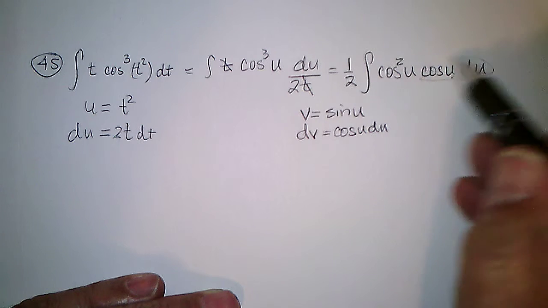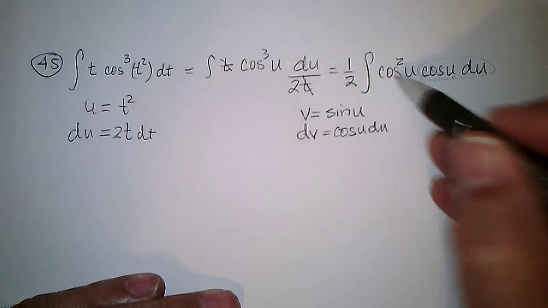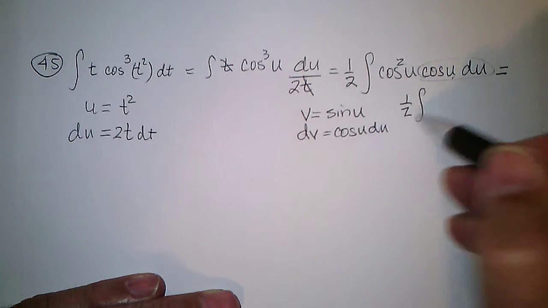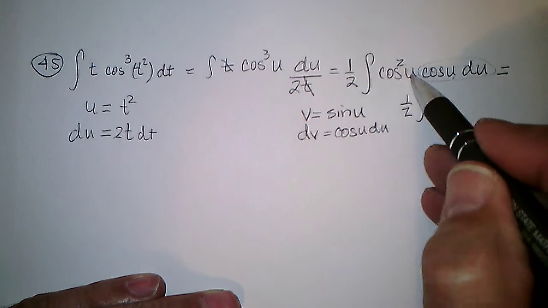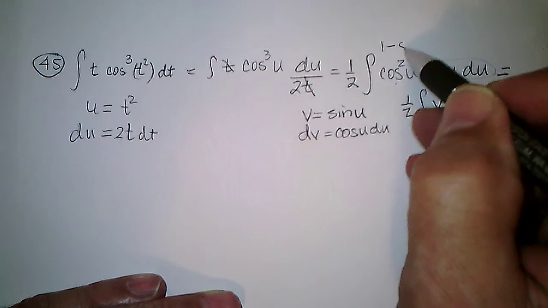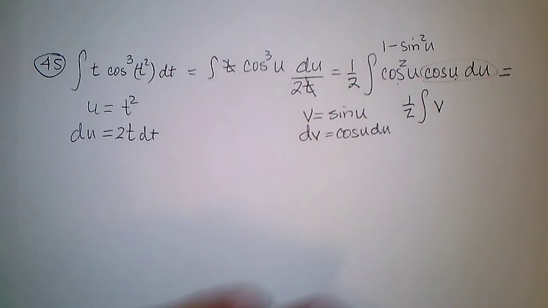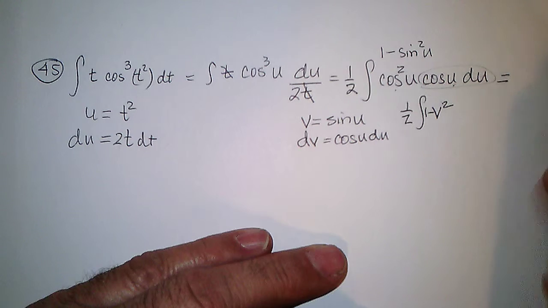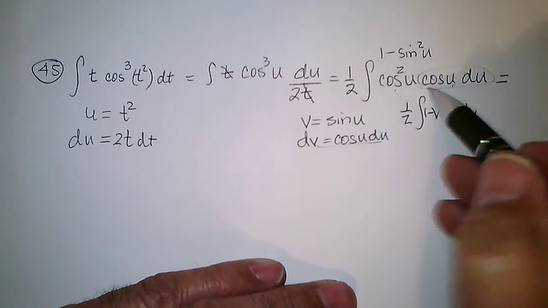And so there's the cosine u du, which is dv. Oh, see, that's cosine squared, and this is sine. But cosine squared is 1 minus sine squared. So we'll have 1 minus v squared dv is all of that.